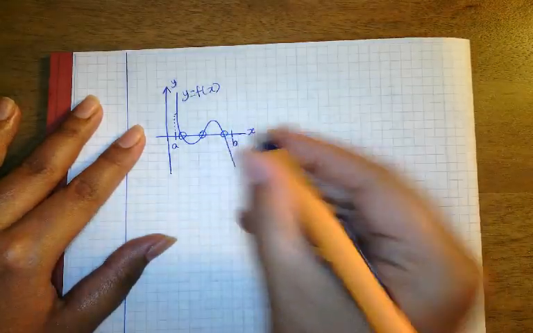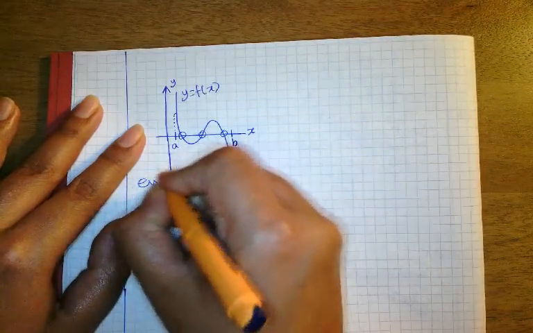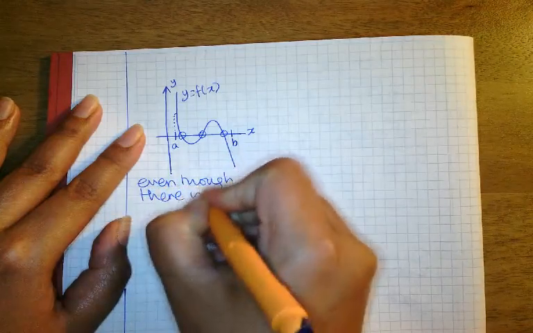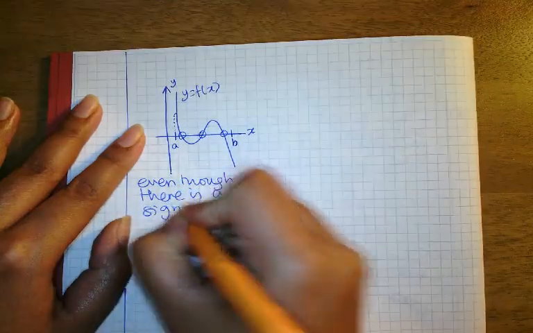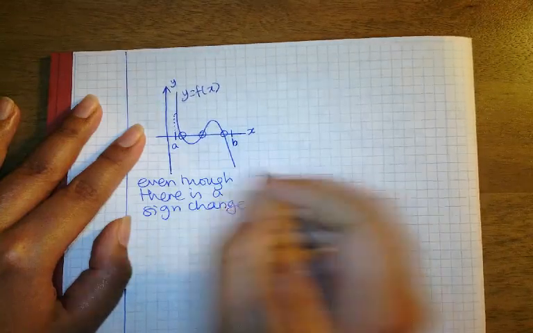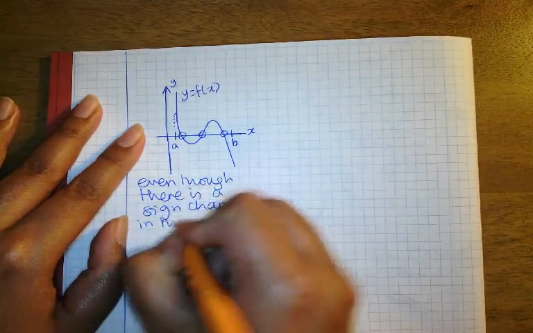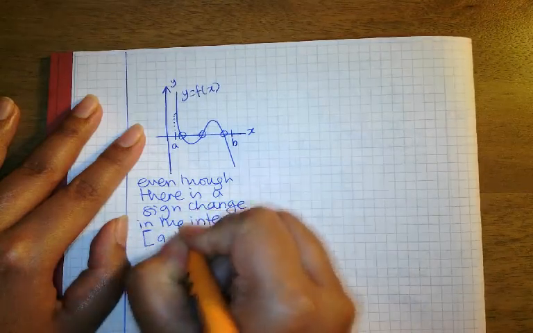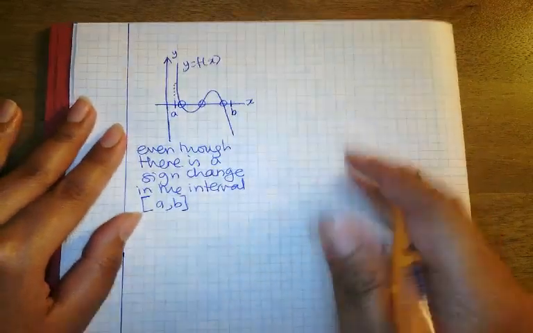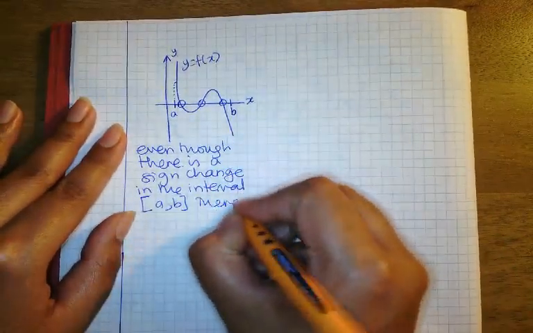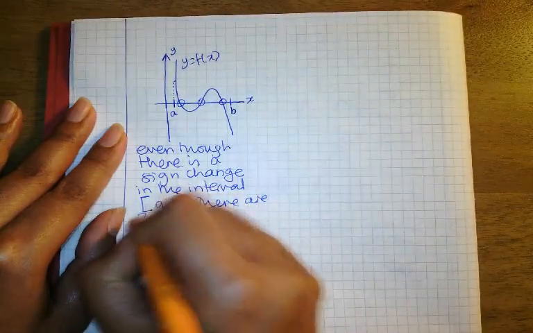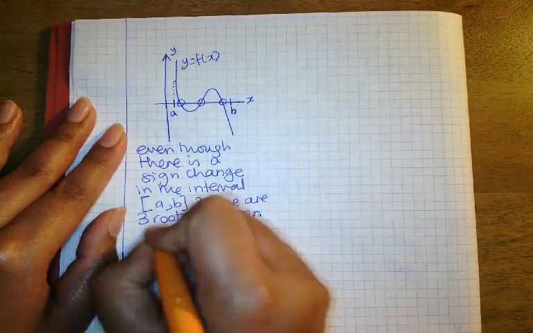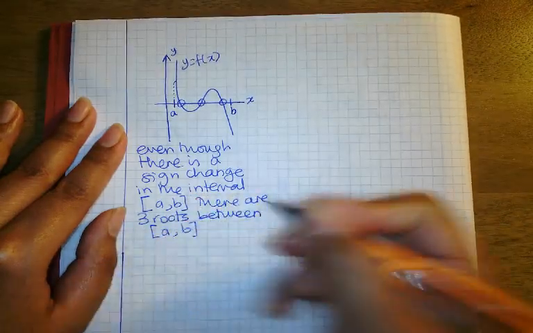So even though there is a sign change in the interval AB, there are 3 roots between the interval AB.